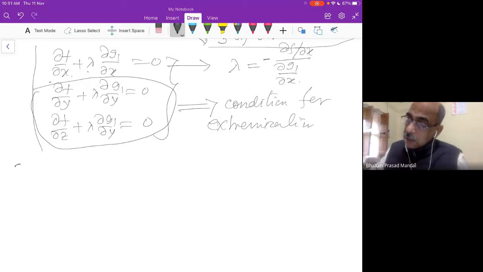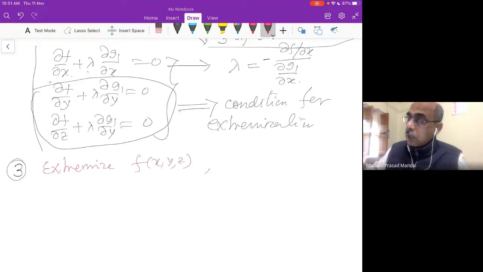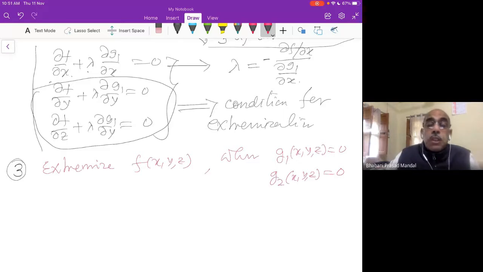Okay. So now you can very easily see. If, in case 3, I say extremize f(x, y, z) when g1(x, y, z) equal to 0 and g2(x, y, z) equal to 0, two conditions, I put.